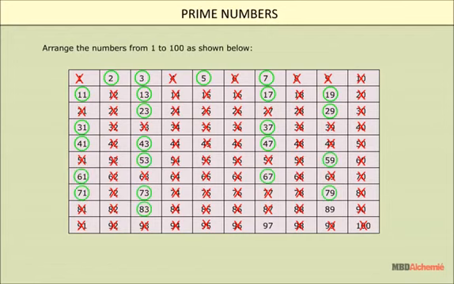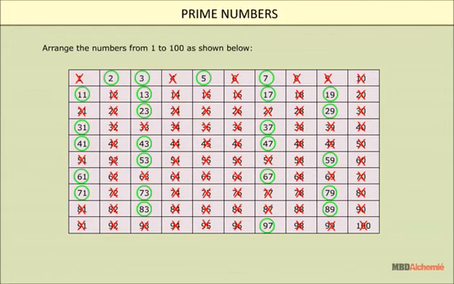In this case, 2, 3, 5, 7, 11, 13, 17, 19, 23, 29, 31, 37, 41, 43, 47, 53, 59, 61, 67, 71, 73, 79, 83, 89 and 97 are prime numbers between 1 and 100. The remaining numbers except 1 are composite numbers. This method is known as the sieve of Eratosthenes.